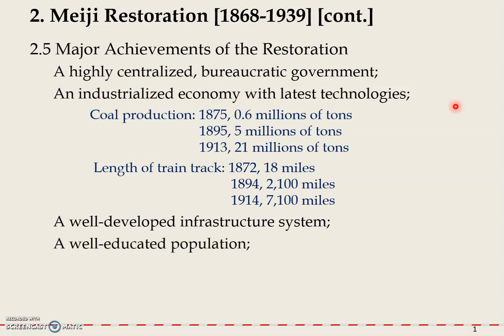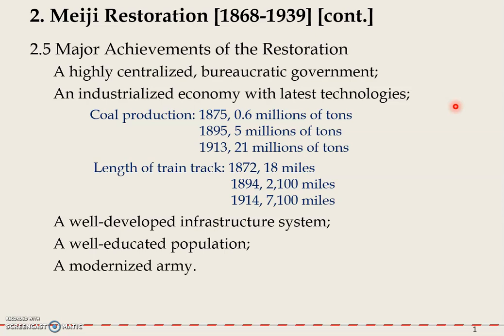And they also had a well-educated population, in terms of the school enrollment rate. It's already much better than many other developing countries or Japan's neighboring countries, very close to the developed ones, or even above the developed countries, like the enrollment rate.